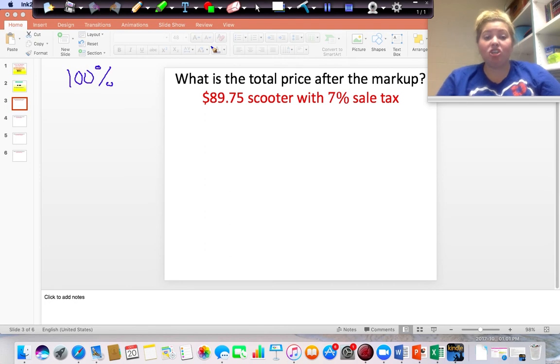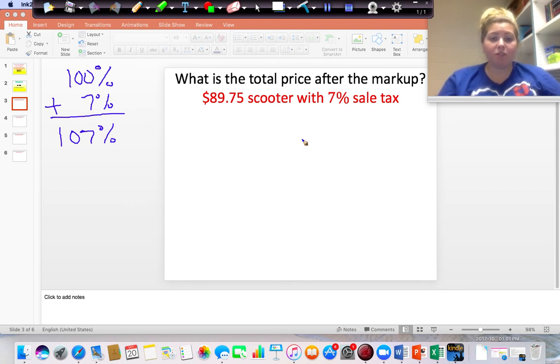But in addition to that, we are also paying a percentage of the tip, the markup, the sales tax. So we are paying for 7% of the sales tax also. So total, we are paying for 107% of whatever we're talking about. So whenever you're doing a markup, tax, tip, you add whatever the percentage is to 100, and then that is what goes in the percent spot.